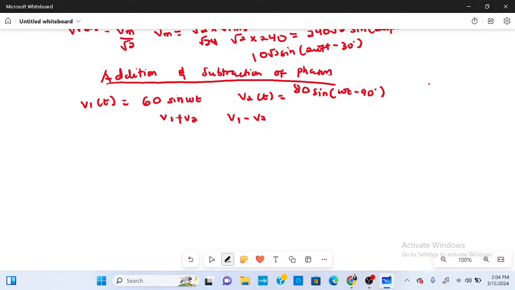So what is v1 plus v2? I can't just add 60 to 80. No, it doesn't work that way because it's a vector quantity. So at this point, this is what we do. We apply the principles of vectors here. You have the x component, then you have the y component.